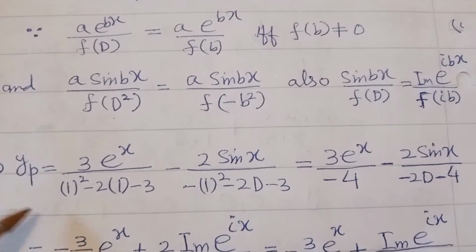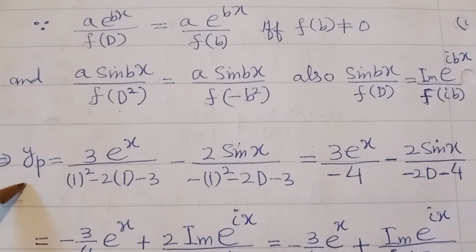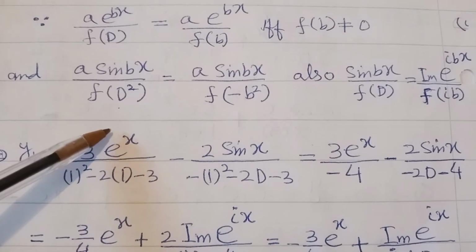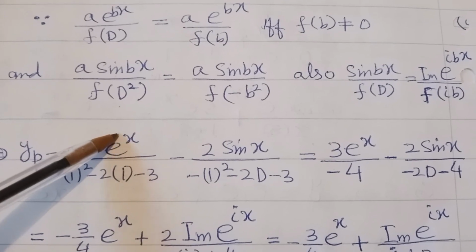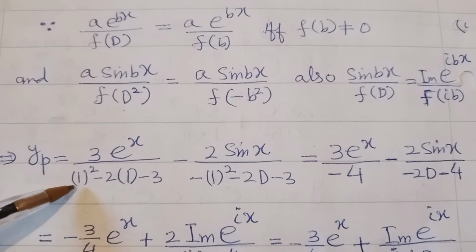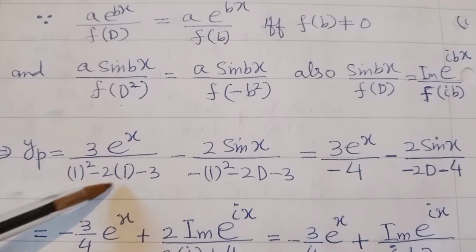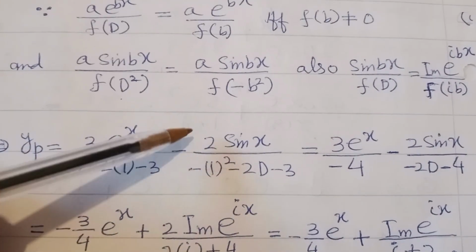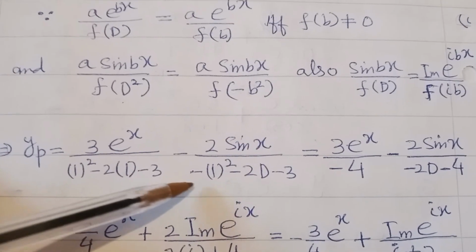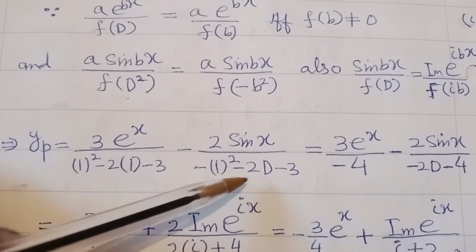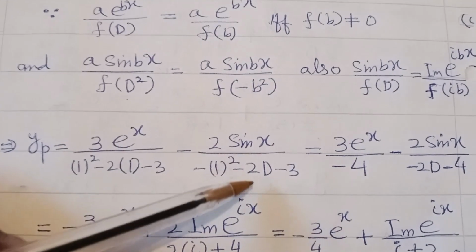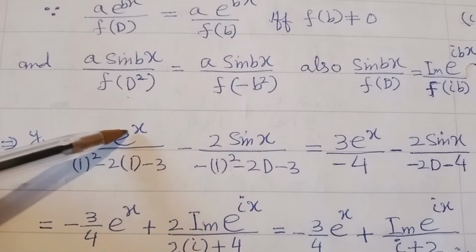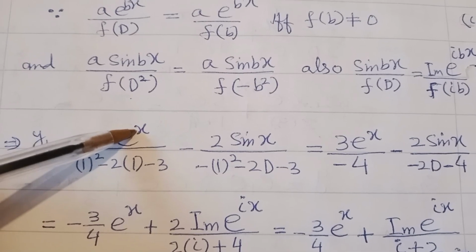So the first part will be written as 3e^x / (b² − 2b − 3), and the second part as −2 sin x / (D² − 2D − 3). Here the value of b is 1.